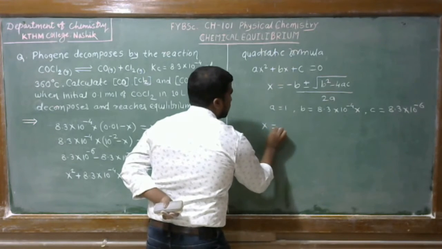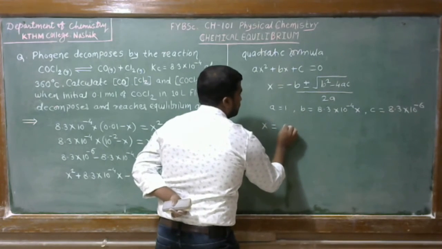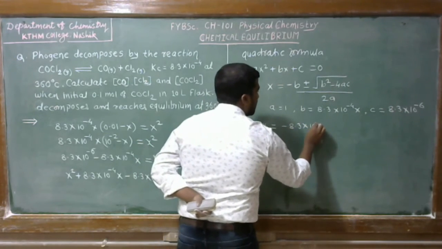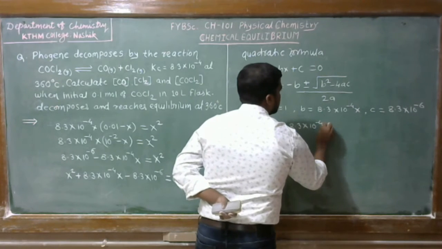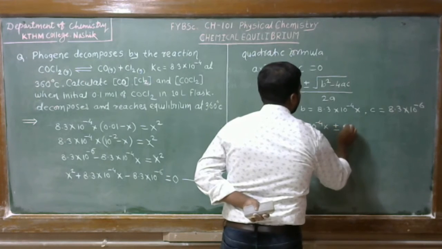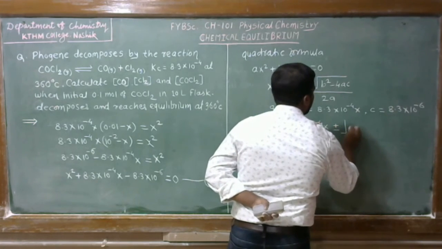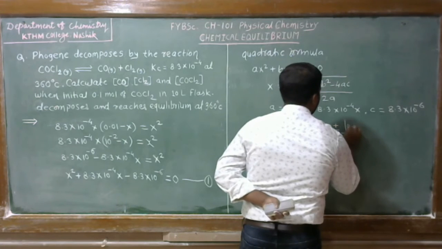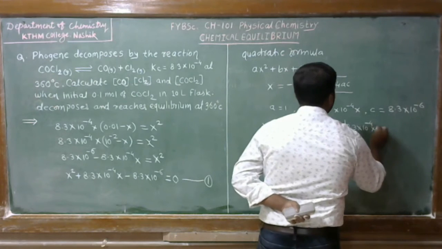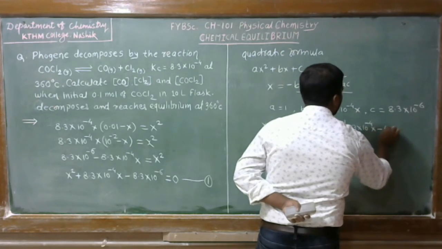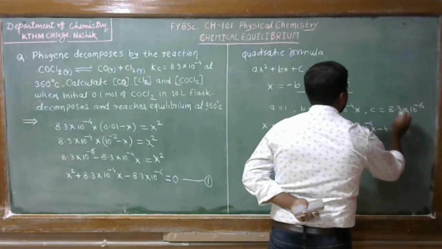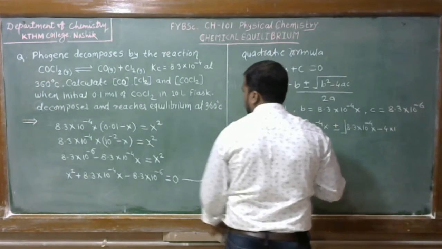So x is equal to minus b, that is minus 8.3 into 10 raised to power minus 4, plus or minus the square root of b square, that is 8.3 into 10 raised to power minus 4 whole square, minus 4 into 1 into c. What is the value for c?